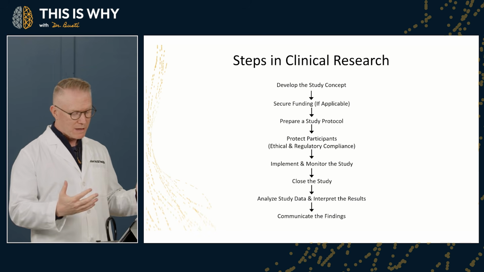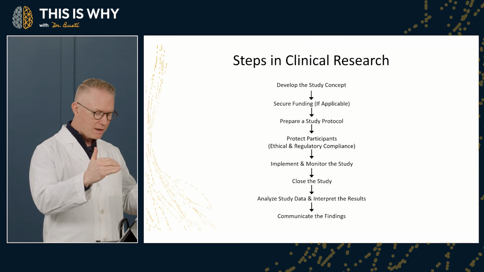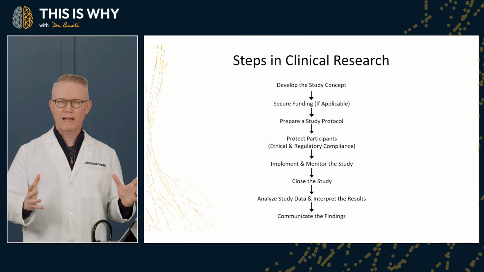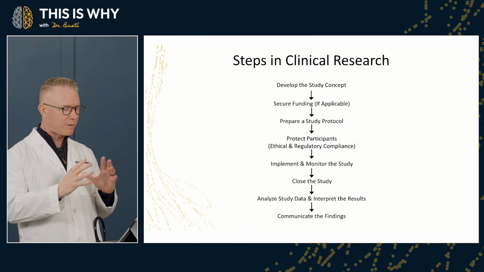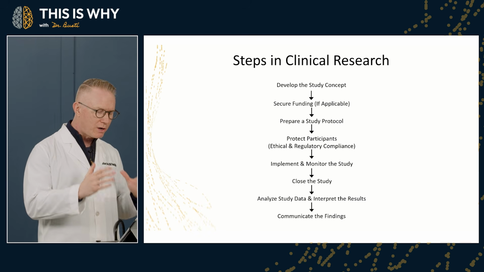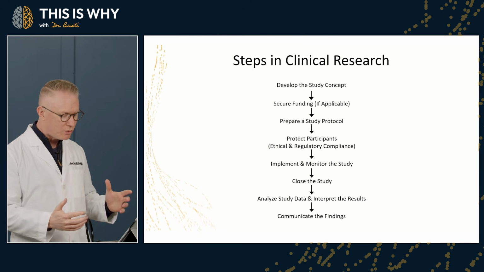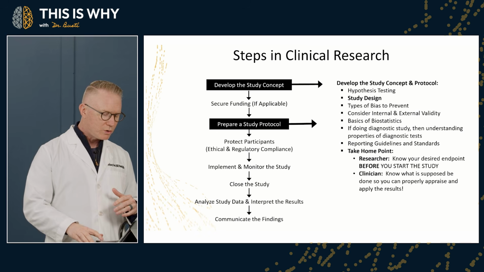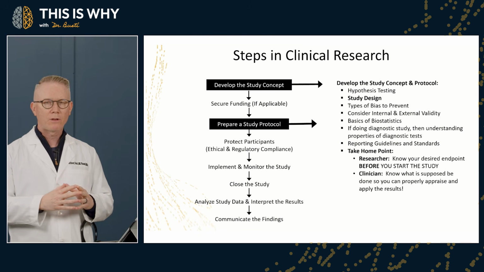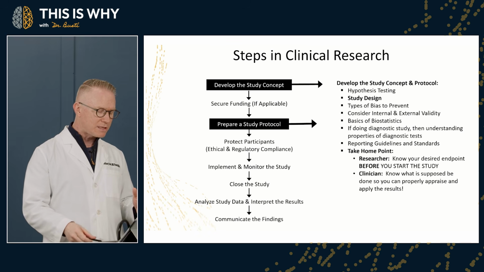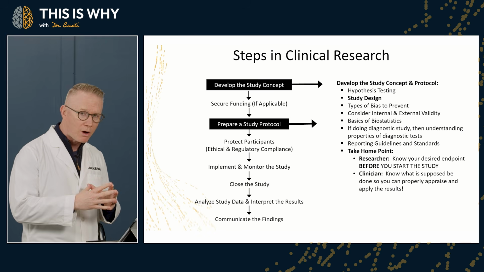Now, we talked about the steps, okay? And this flow that I'll repeat over and over again in this lecture series on clinical research is to burn in the process that you should go through. When you understand the process, then you are oriented to your success. Here's where we're at: the development of the study concept and preparation of that protocol.